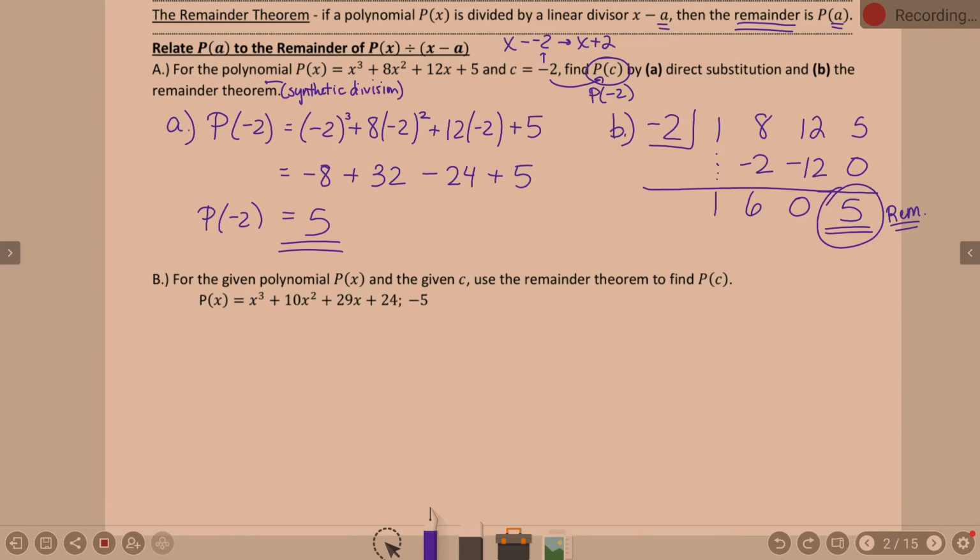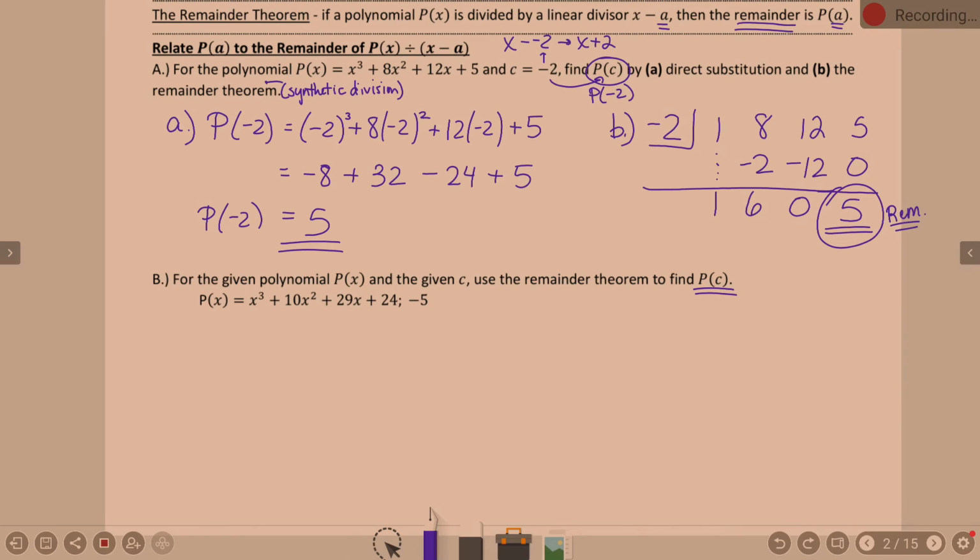Is it the same thing now? Okay. I changed the wording on B, although it's essentially the same question. For the given polynomial and the given C value, use the remainder theorem to find P of C. You pick. What do you want to do?